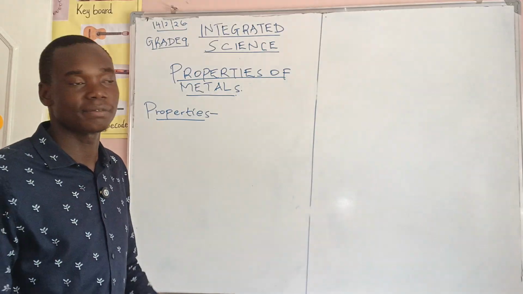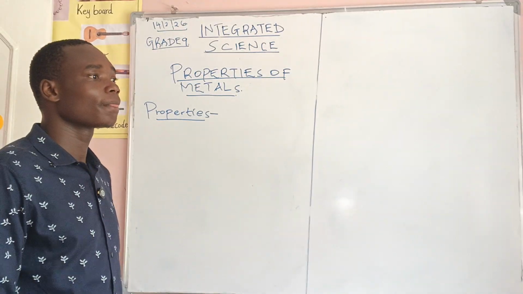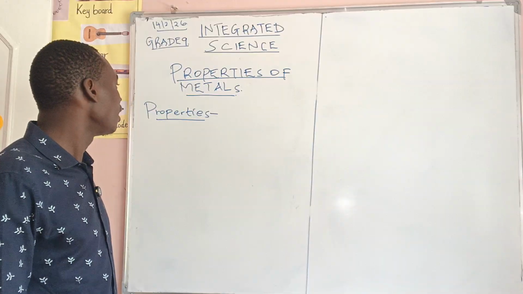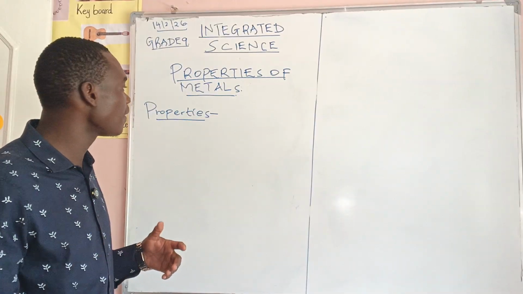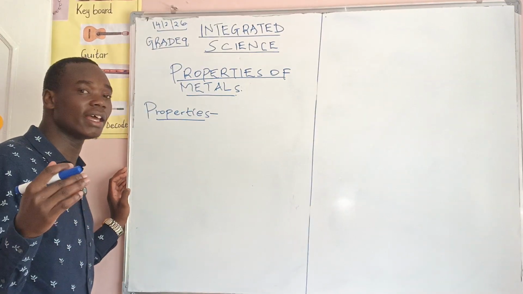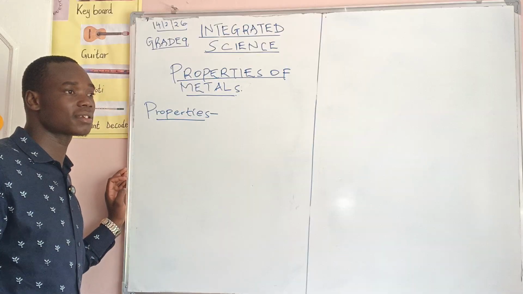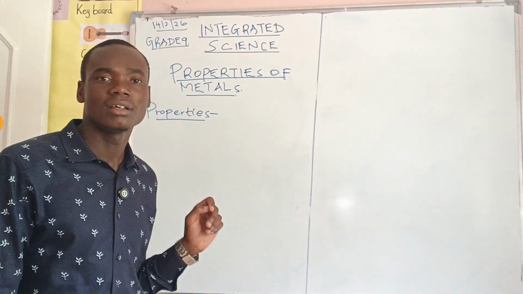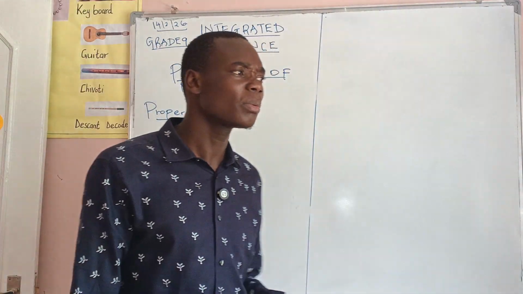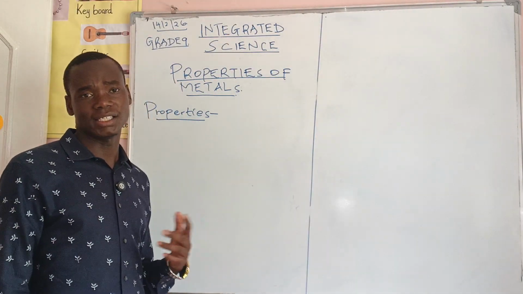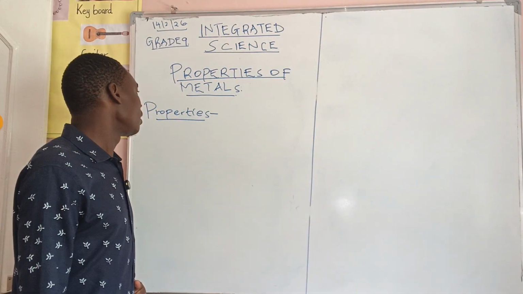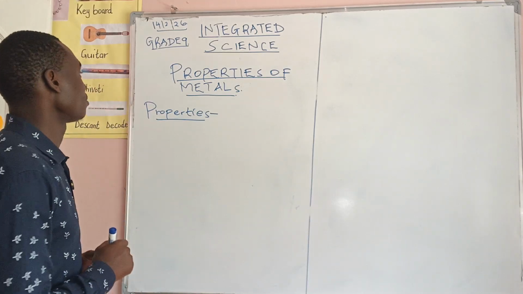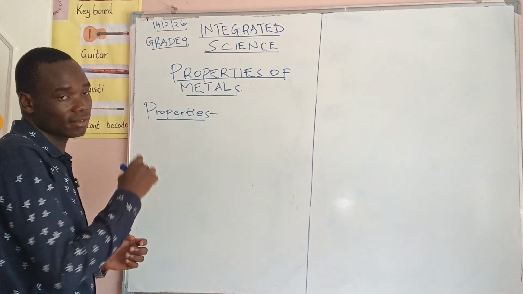The property you have, or rather in a family, you are the son, the eldest, or the last born, and then somebody comes and asks you, what properties do you have in this family? Now that is possession. But how about in science?